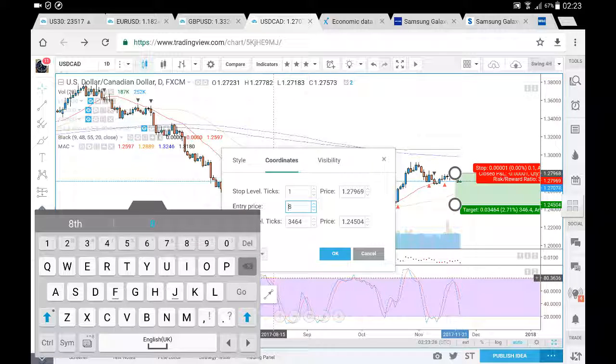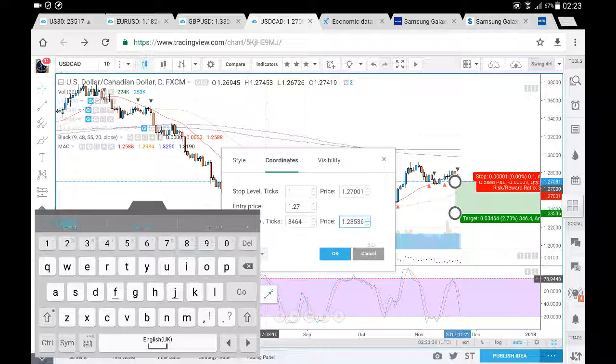Let's just get on the charts. 127. And our take profit. Oh my goodness me. That's one thing I don't like about TradingView. So our take profit, let's just get that on the charts.